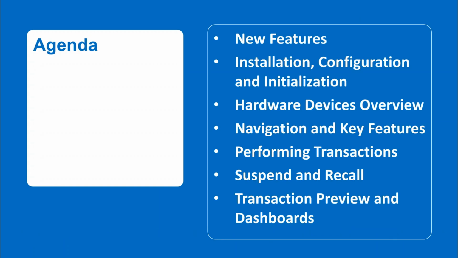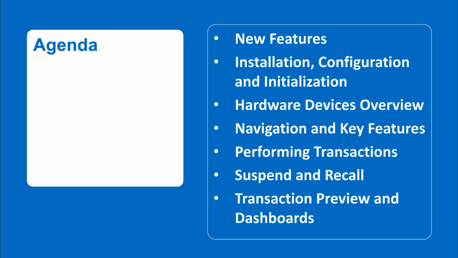Today we're going to talk about iVend Mobile POS, and basically we're going to cover the new features of iVend Mobile 2.7, which is the latest version of iVend Mobile. We're going to talk about how to install, configure, and initialize the software. We're going to go very quickly through a list of the hardware devices and the operating systems that are compatible with this latest version of iVend Mobile POS.